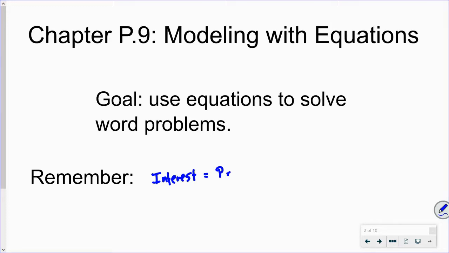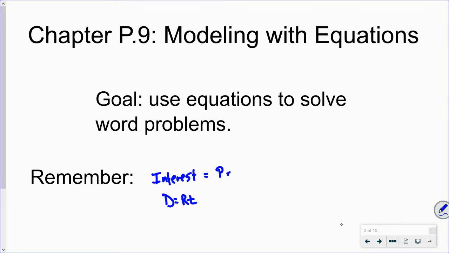Okay, for interest, like on a money account or something like that. Another formula is distance equals rate times time. And you could rearrange that for any letter there that you want to know. And we'll hit several different types of problems through this.